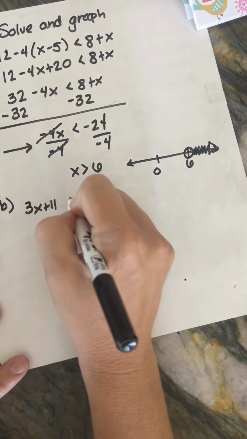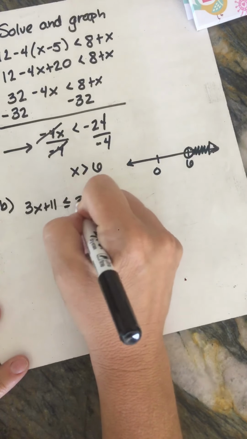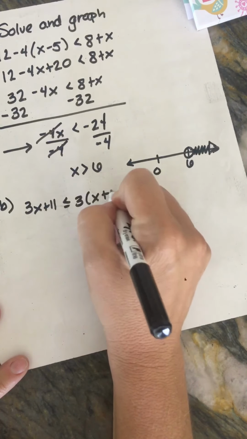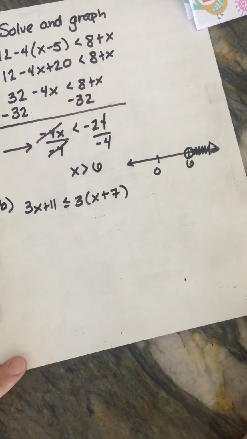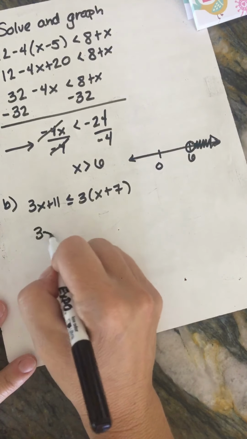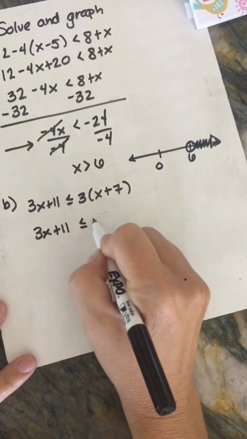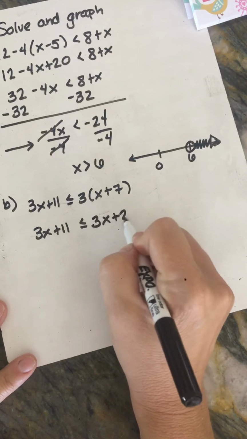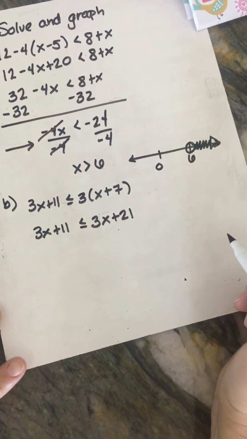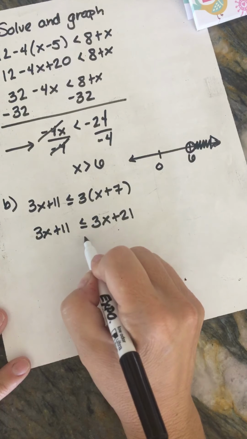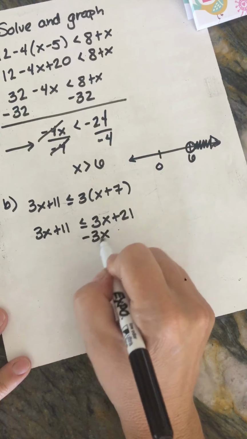3x plus 11 less than or equal to 3 times the quantity x plus 7. So again, we've got to do the distributing first. 3x plus 11 is less than or equal to 3x plus 21. And we subtract, let's see, I'm going to subtract 3x from both sides.